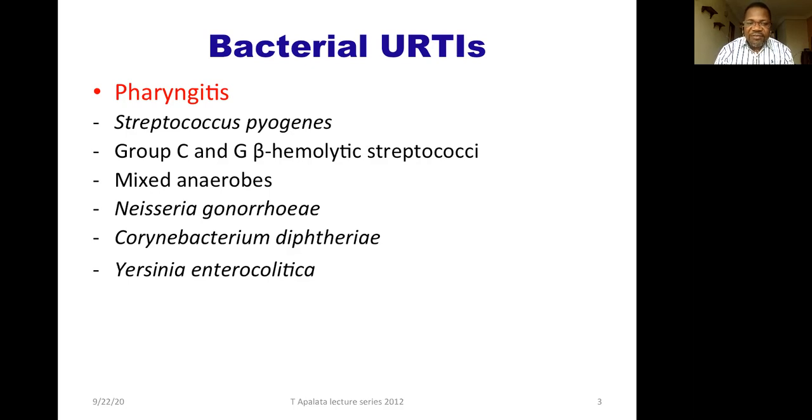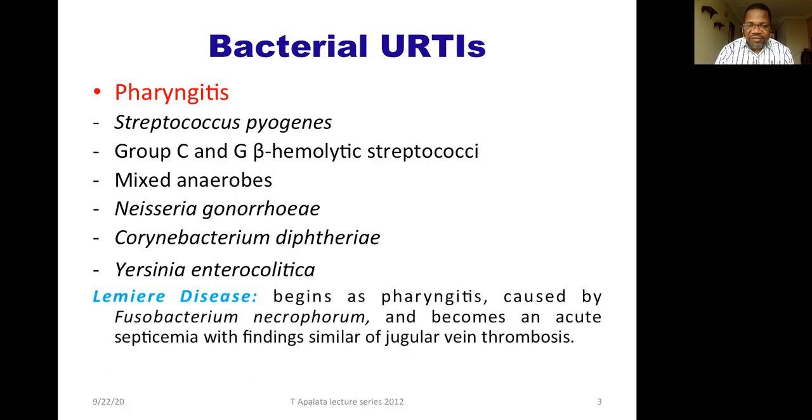We also have Neisseria gonorrhoeae, especially in patients who have oral sex. Then they can develop an STD caused by Neisseria gonorrhoeae, pharyngitis associated with Neisseria gonorrhoeae. We also have Corynebacterium diphtheriae and Yersinia enterocolitica. So those are the commonest causes of bacterial pharyngitis.